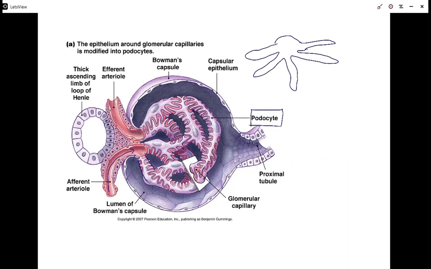All right, I also want you to take a good look at the anatomy of Bowman's capsule here. I'm outlining it in orange. The idea is that fluid, I'm going to use pink for filtrate, that fluid is going to kind of leak out through these little slits that are made in between the podocytes here.